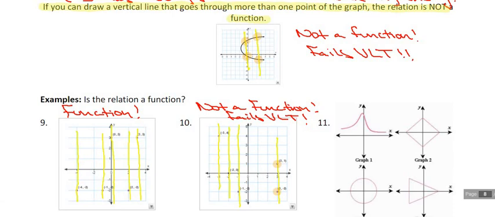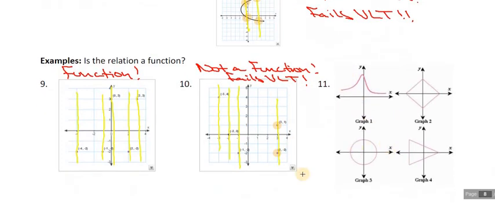And number 11 has 4 different graphs on it. So I want you to answer the question, which graphs are functions and which graphs are not functions based on the vertical line test. Okay, so we've got graph 1, graph 2, graph 3, graph 4.